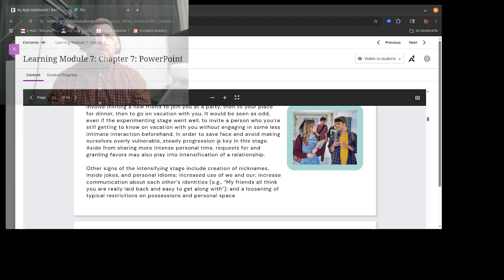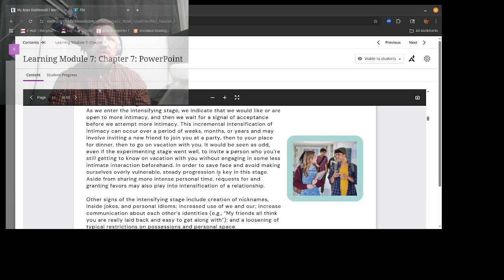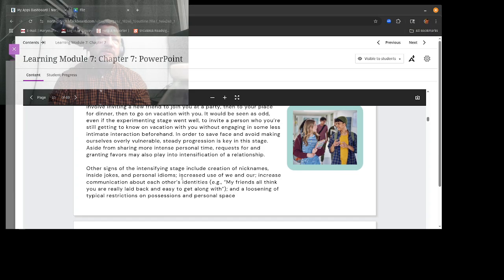We're also more vulnerable in this stage. As the intensifying grows, we become more vulnerable. Now, in the intensifying stage, we can sometimes create nicknames, inside jokes, and our personal idioms. They're little stories or jokes within our friendship group.